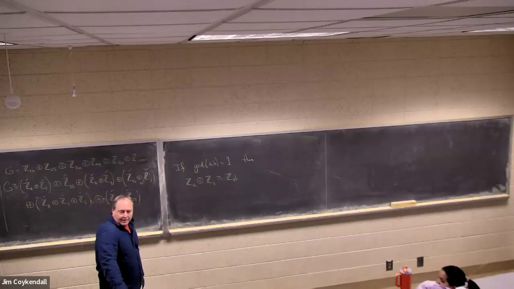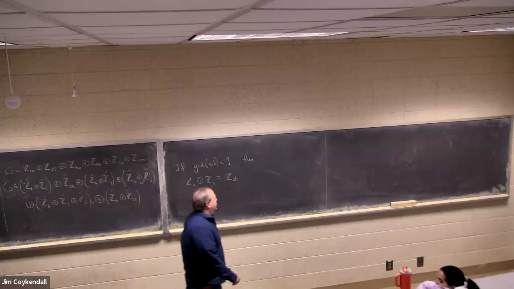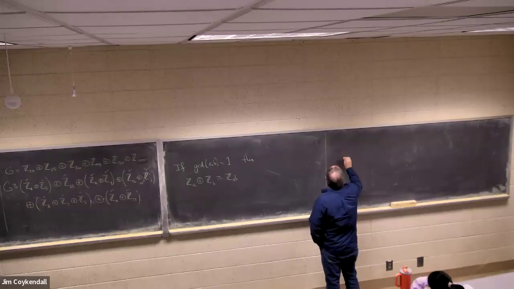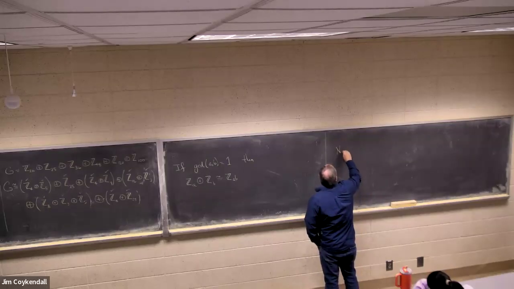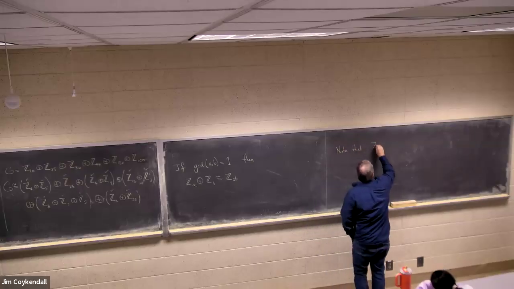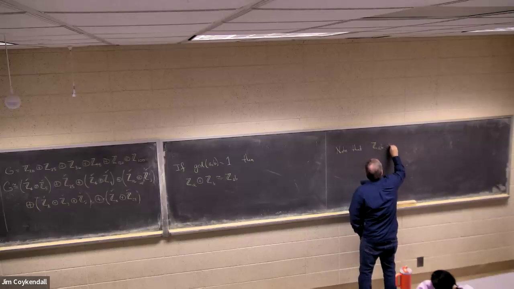First off, we need to note that the intersection of the elements will all be the identity elements. So if you have the intersection between those two, it's just the identity set. Notice that cyclic.